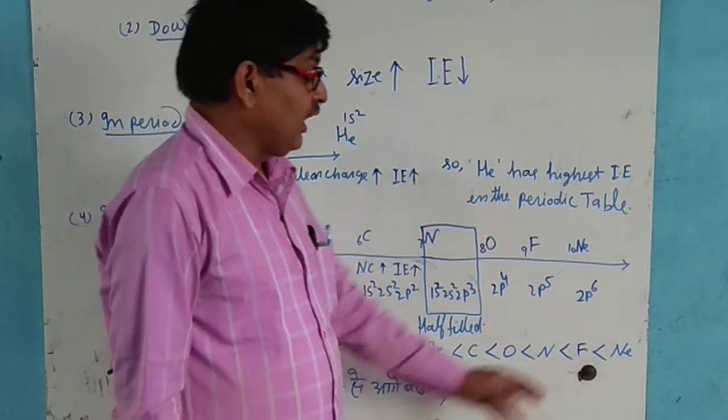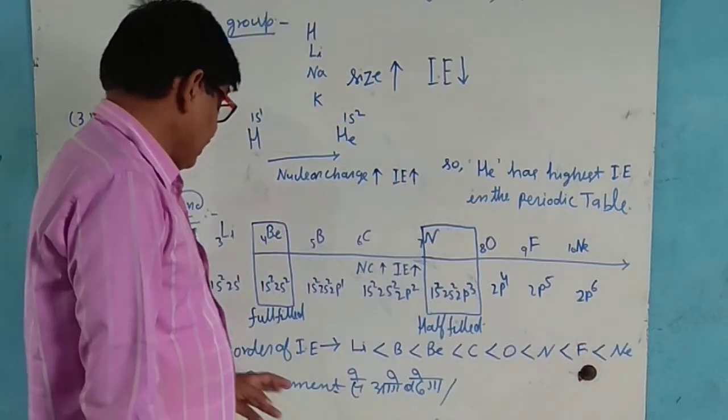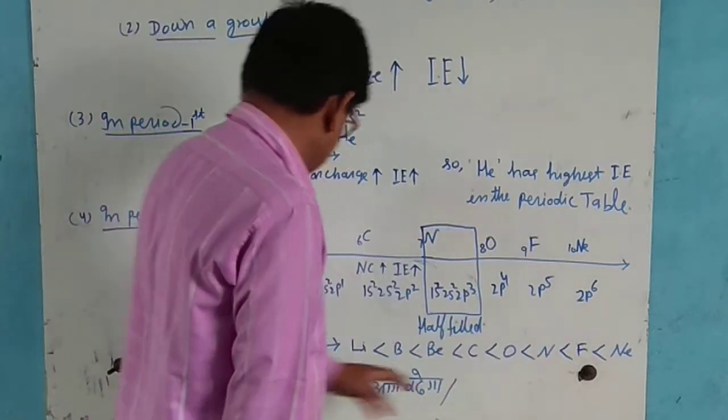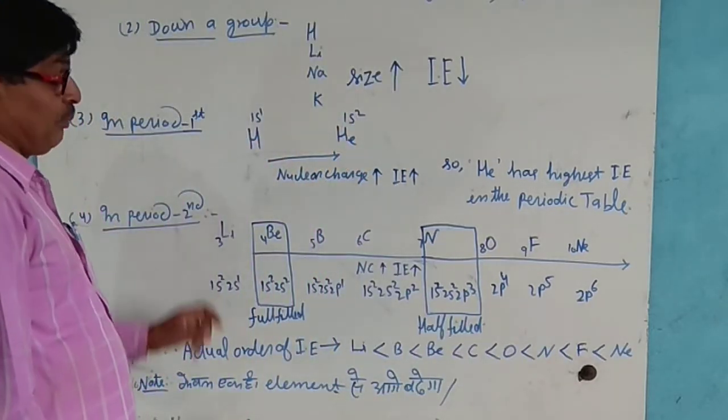It means that neon has the highest ionization energy of this period. This is the second period.